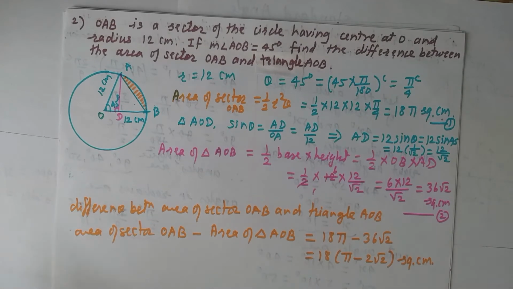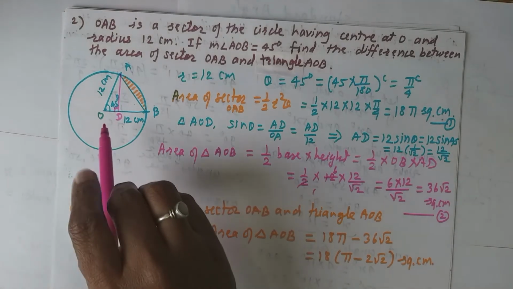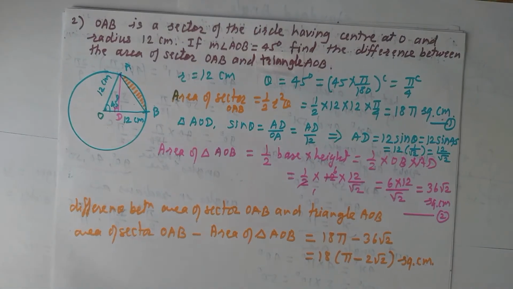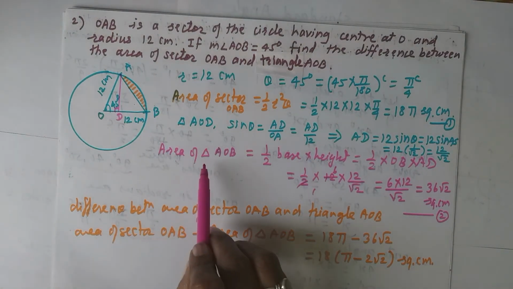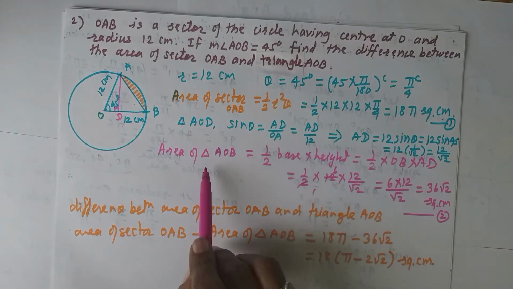Okay students, if you know the formulae for area of sector and area of triangle, then it is very easy to solve such type of problem. Here you remember that if I have to find the difference between the area of sector and area of triangle, then first I have to find the area of sector and then the area of triangle.